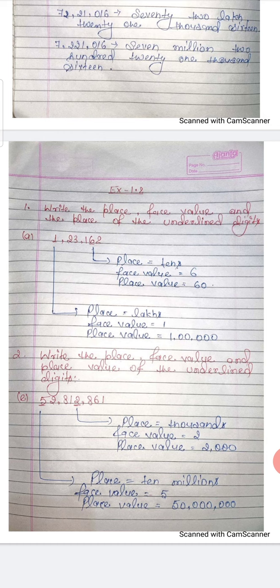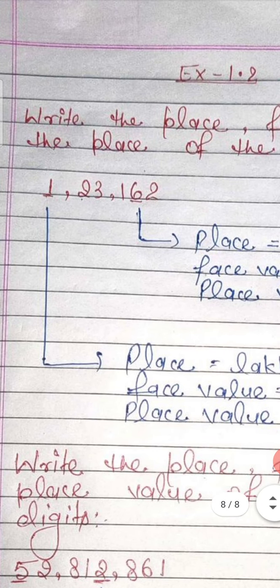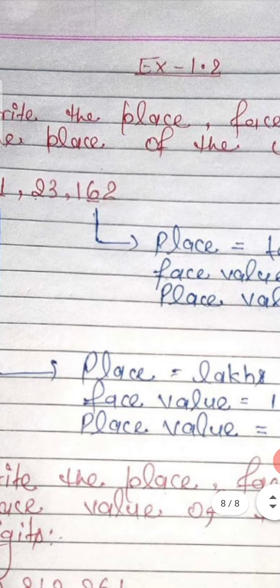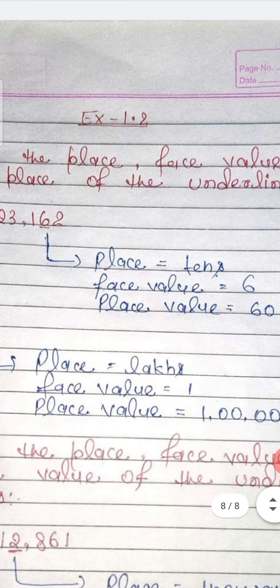What is the place of 6? You have to read ones, tens, 100, 1000, 10,000 and lakh. Then place of 6 is tens. Face value of 6 is also 6.